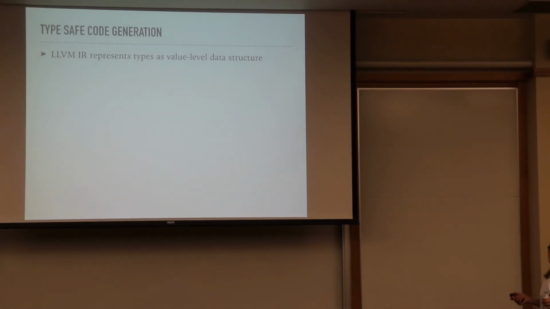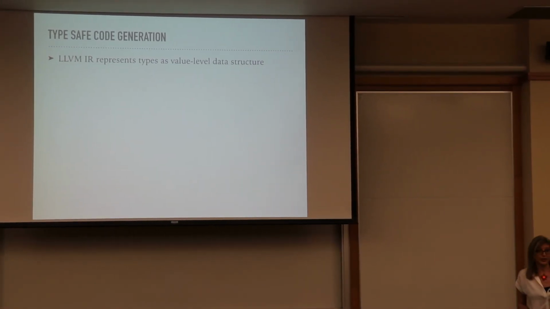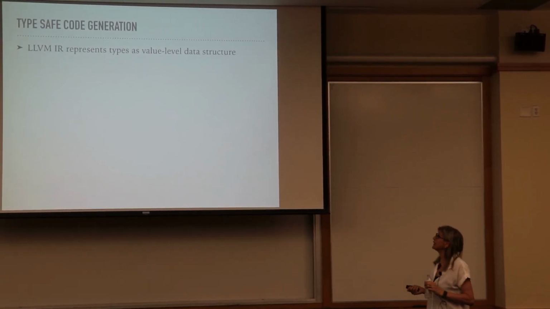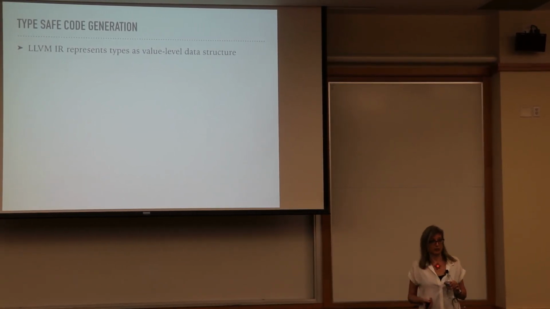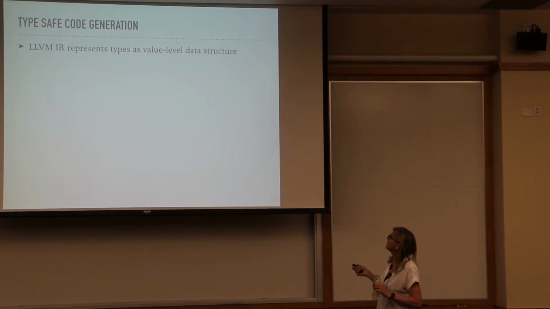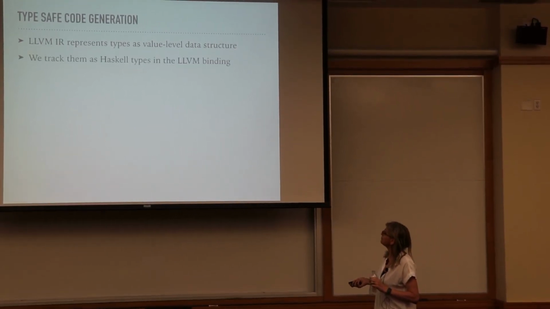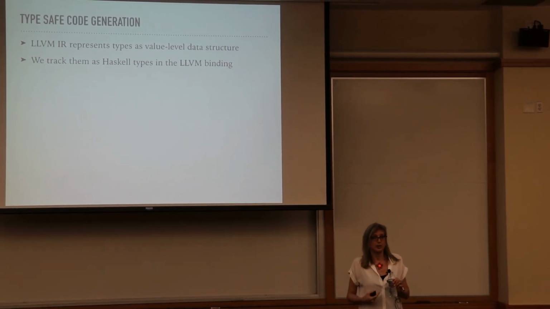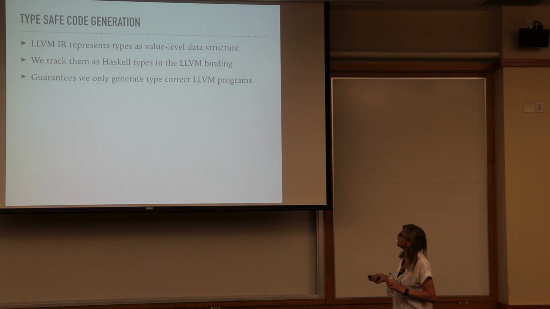In the latest version we're generating code for LLVM. And the nice thing about the LLVM intermediate representation is that it's typed. But the types are represented as a value level data structure. And what we do is we track them into our LLVM file, and guarantee in this way that we only generate type correct programs.